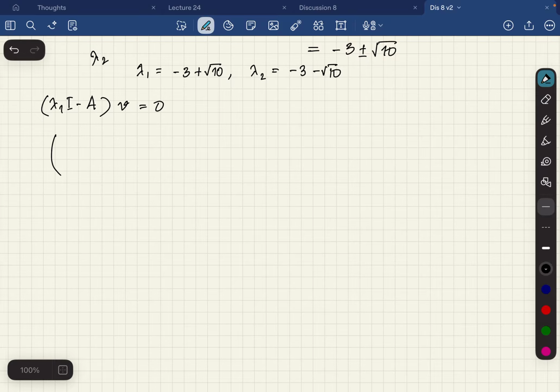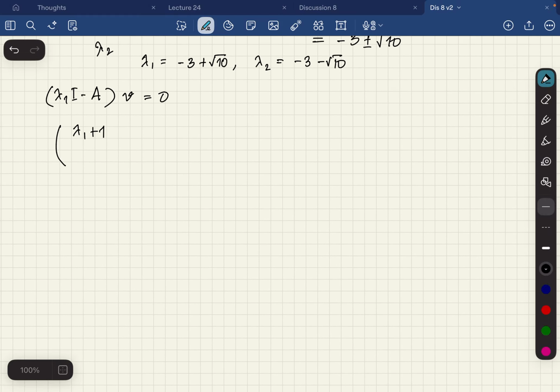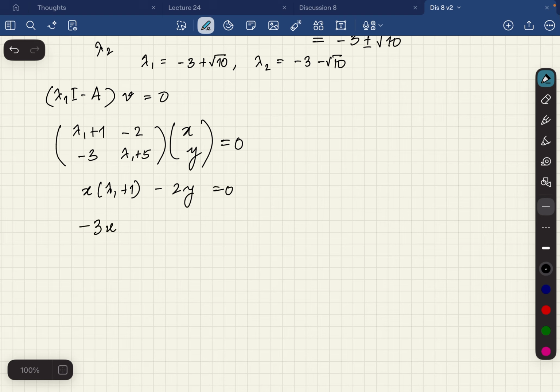I am not going to do the math, but lambda 1 plus 1, and I think this was minus 2, minus 3, lambda 1 plus 5, times x y equals 0. So you would get x times lambda 1 plus 1 minus 2y equals 0, and minus 3x plus y times lambda 1 plus 5 equals 0.